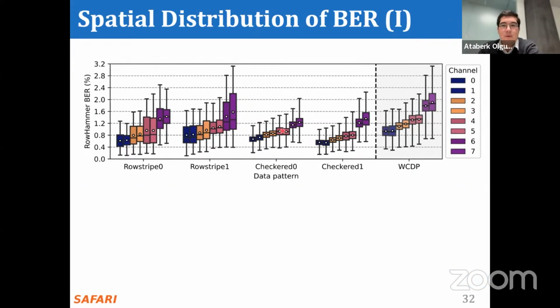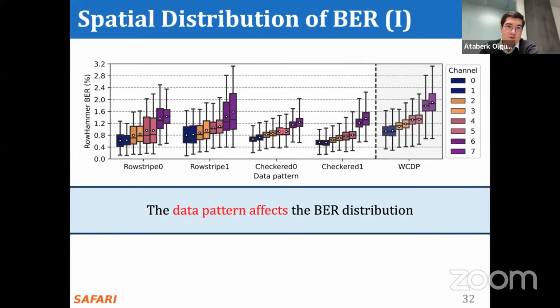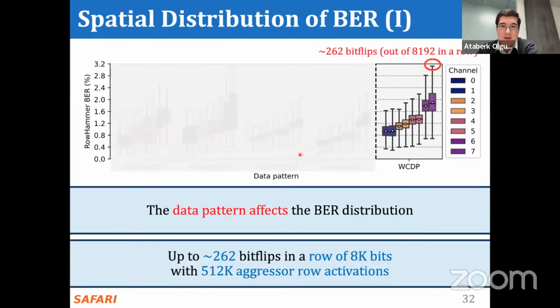We see that the data pattern has an effect on the distribution of the bit error rate, and we see that our observations are consistent across different data patterns. And finally, I highlight the distributions we get for the worst case data patterns here. And we observe up to around 262 bit flips in a row of 8,000 bits with 512,000 activations.